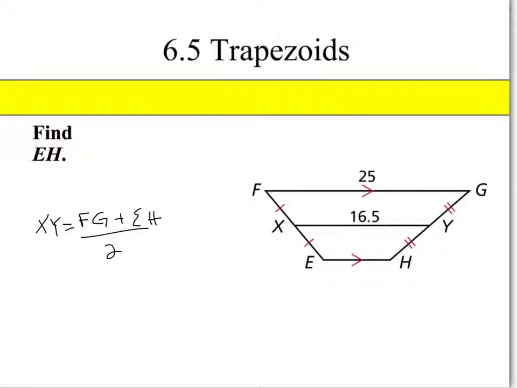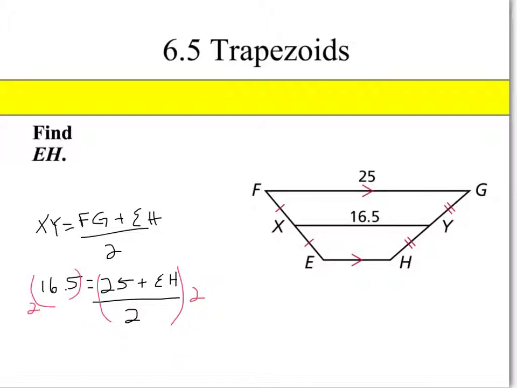Okay, plug in the information you know. XY is equal to 16.5. FG is equal to 25. We have no idea what EH is, and we're going to divide that by 2. All right, from here, how do I solve for EH? Well, I need to get rid of this 2 on the bottom. So multiply by 2, multiply by 2.